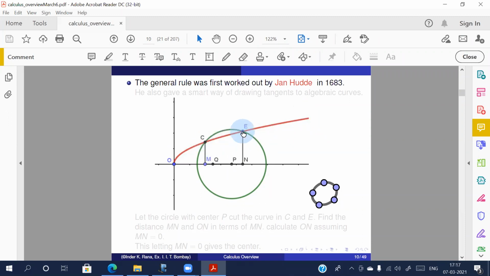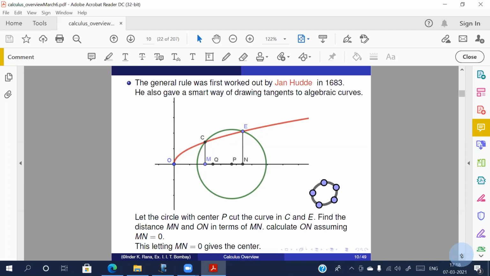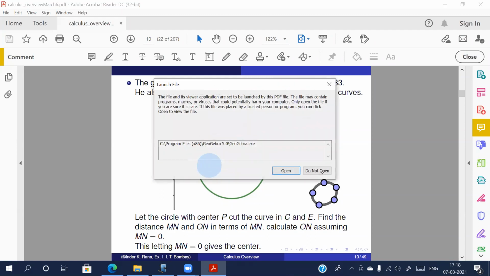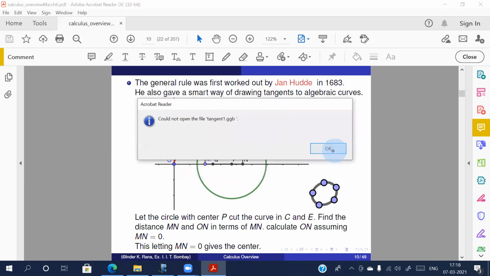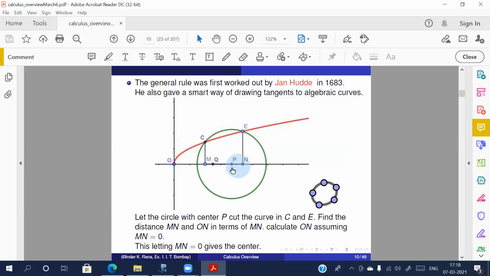Let those 2 points be C and E. If those 2 points are C and E, then drop the perpendiculars, and you get M and N. So he said to find an algebraic expression for ON in terms of OM and MN, and then put the expression for MN equal to 0.